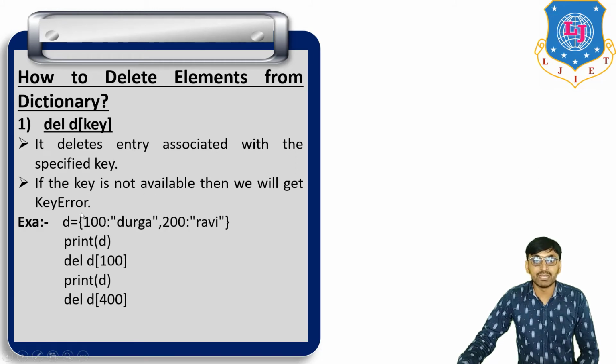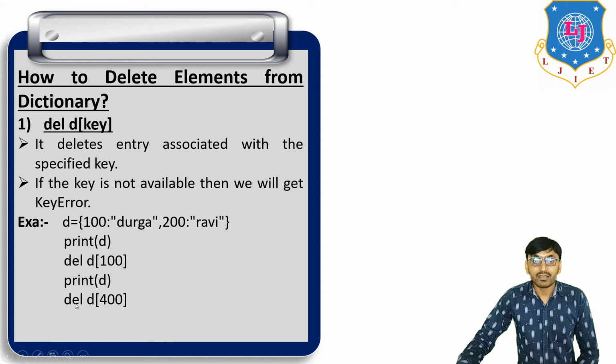For example, D is equal to 100 Durga and 200 Ravi. So D is one type of dictionary which contains two key value pairs. Now print D, which prints this simple dictionary. Then del D of 100 means delete the entry associated with the 100 key. So 100 Durga is deleted, and when we print D we get 200 Ravi only.